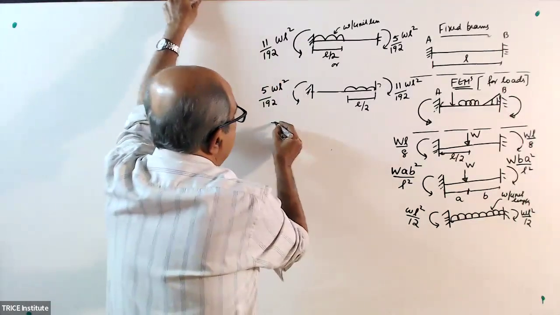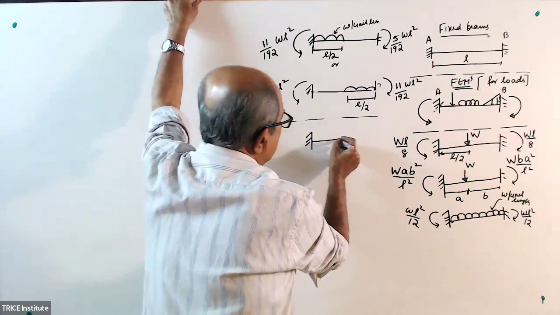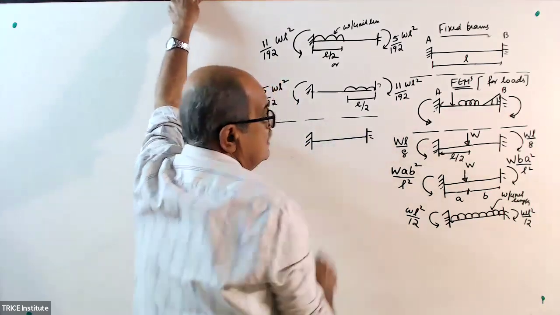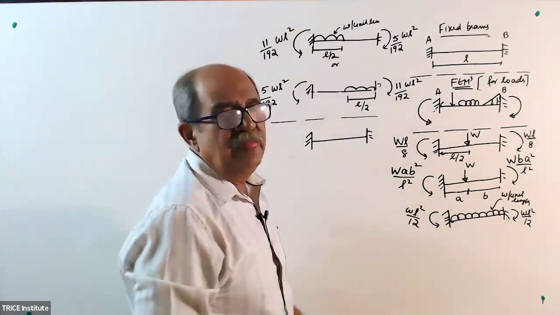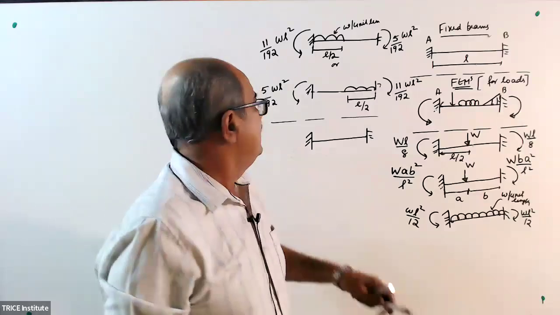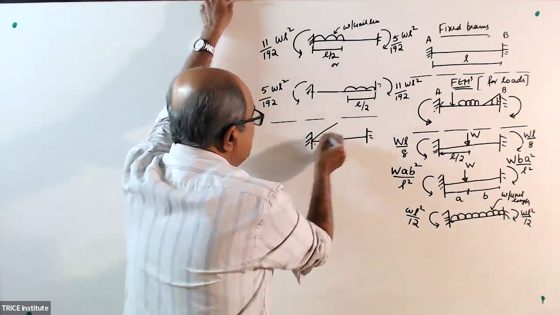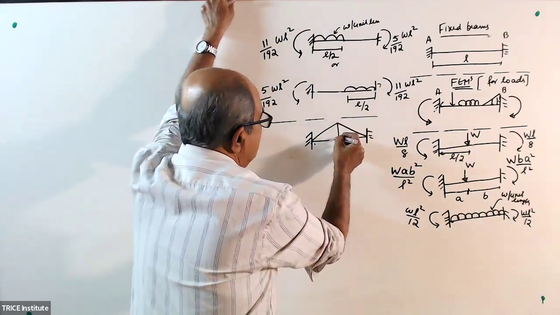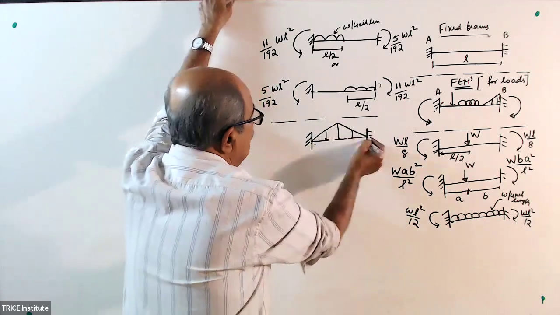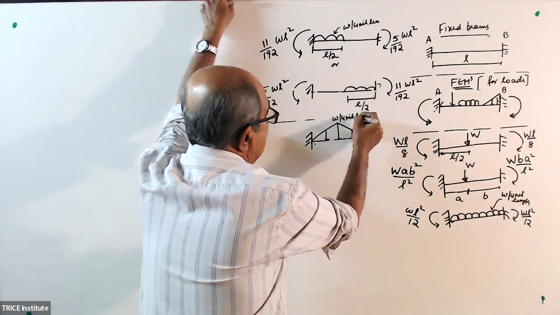Okay, now we have uniformly varying load. These are all standard formulas they can ask. Uniformly varying load has two cases. One case is intensity 0 at the ends and maximum at the center, W per unit length.